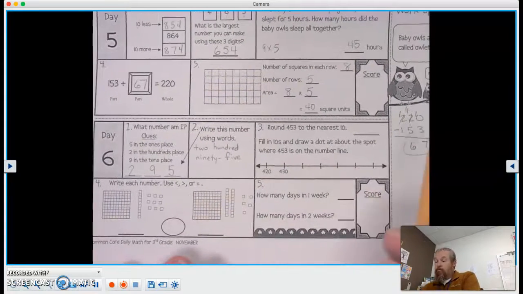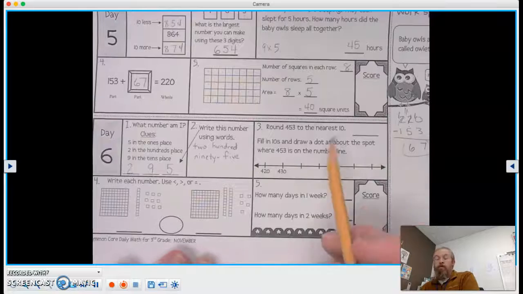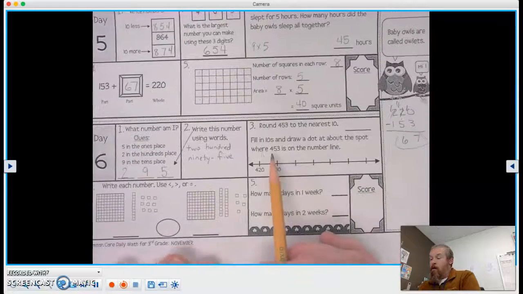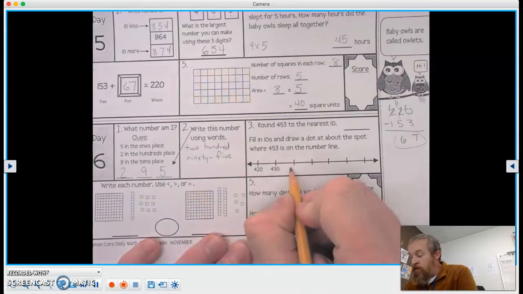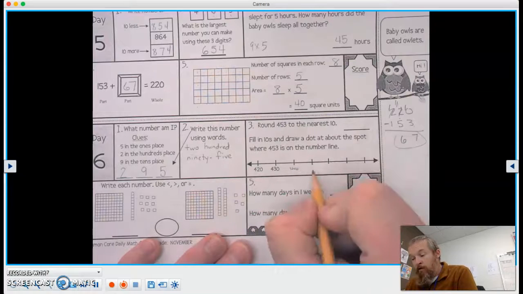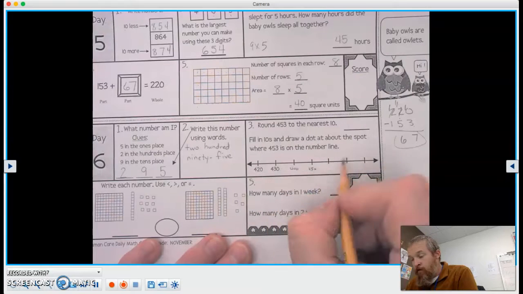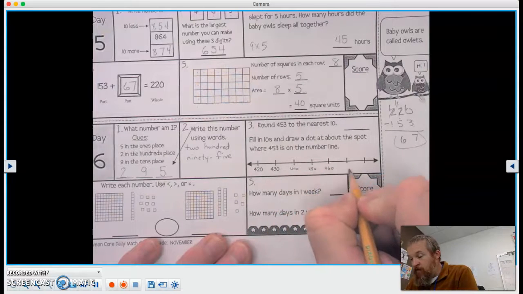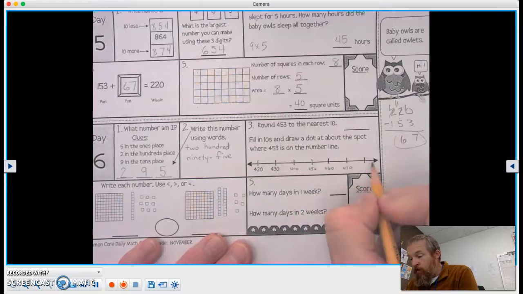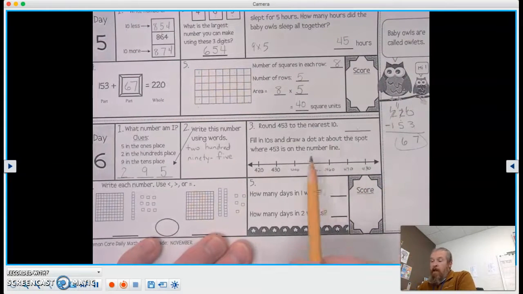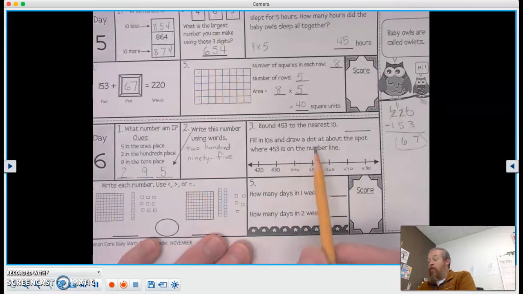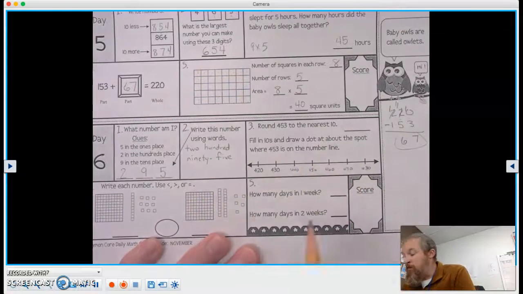All right. Number 3 says, round 453 to the nearest 10. First, we're going to fill in tens. 440, 450, 460, 470, 480. Okay, and then we're going to draw a dot at about the spot where 453 is on the number line.